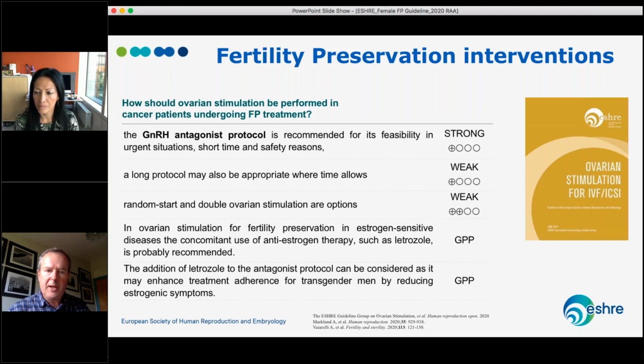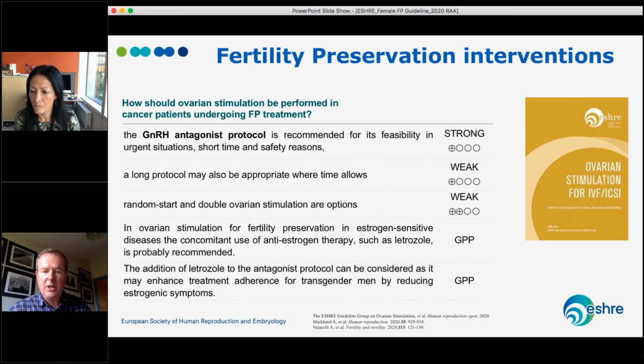And we agreed with that group that the key ovarian stimulation protocol that's of relevance is the antagonist protocol because of its safety, its rapidity, and therefore it is very useful for these particular urgent situations. However, that does not exclude the use of a long protocol where the situation allows, and it also includes options for new developments, particularly random start, which is now, of course, largely established, but potentially newer things like double ovarian stimulation were also options, but for many of those, the evidence remains fairly weak.